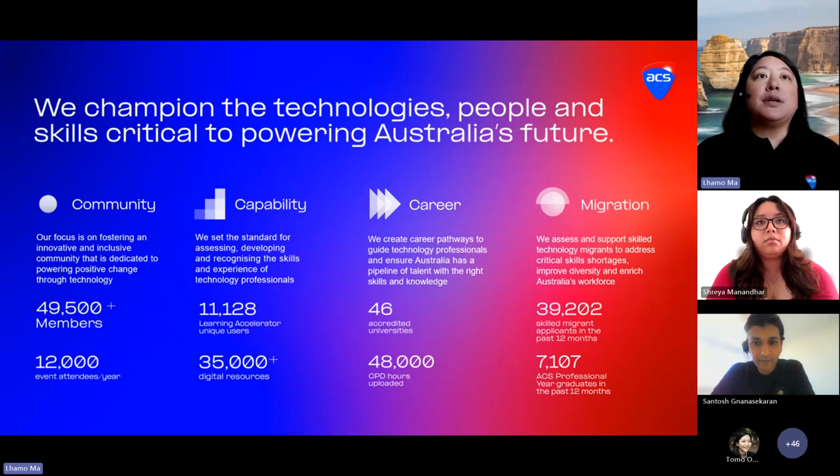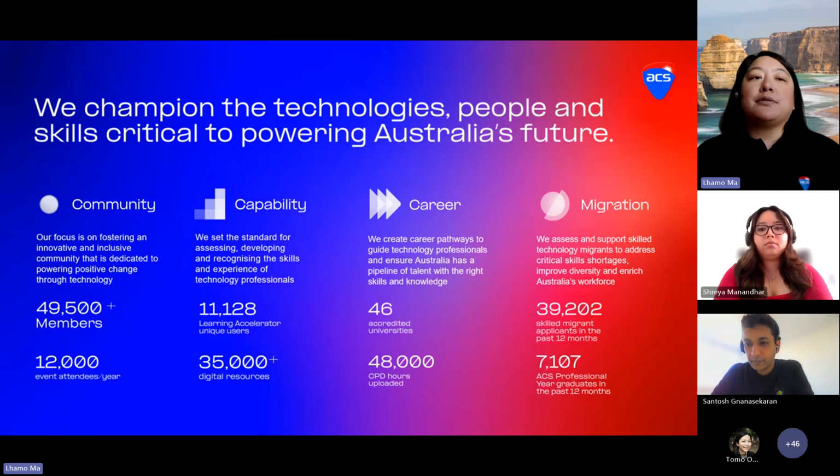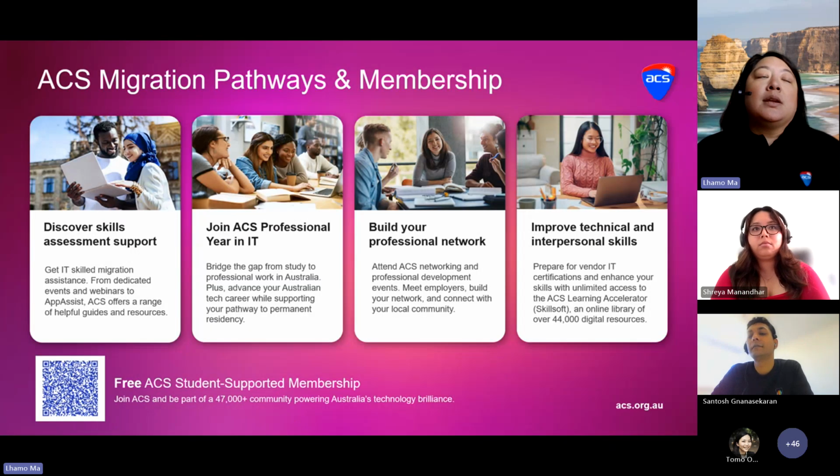Our capability and career team look at setting the standards for assessing, developing and recognizing the skills and experience required for technology professionals, as well as making sure that Australia has a healthy pipeline of talent going into the tech sector with the right skills and knowledge. And of course, there's migration, where I'm sitting, where we assess and support skilled technology migrants to launch their tech career in Australia.